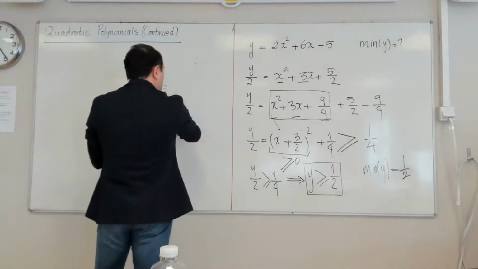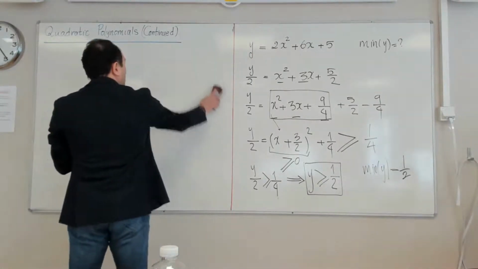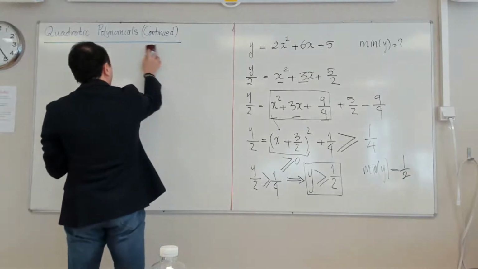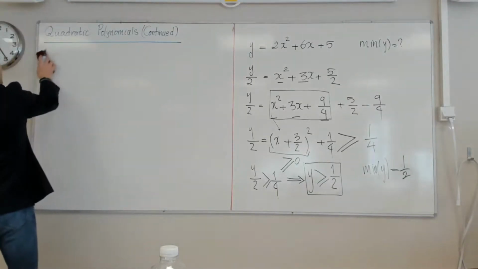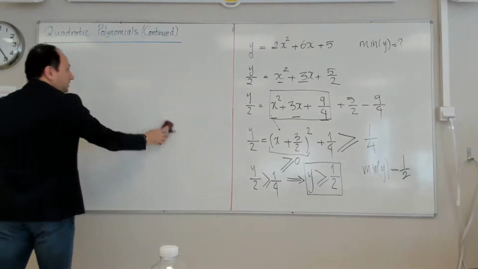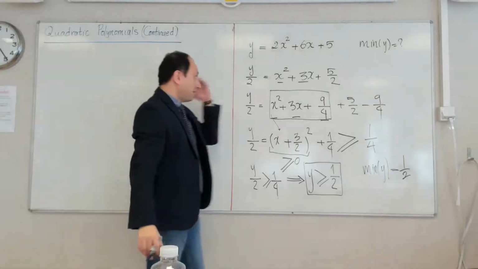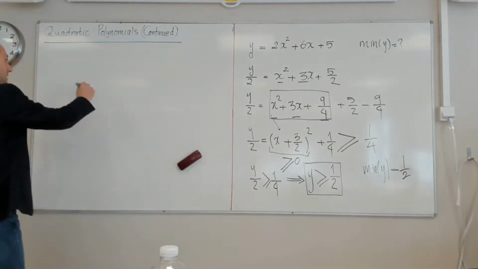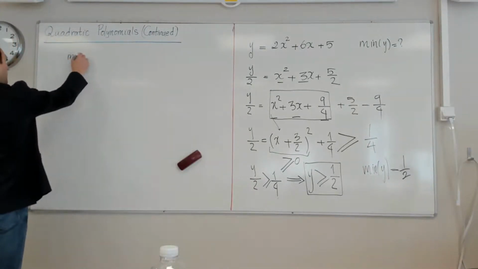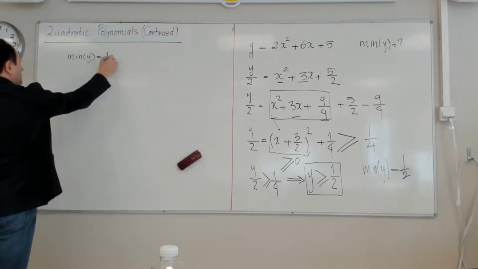So I want you to appreciate that what we have done, even though we are living in a world where computers are accessible everywhere, mathematically, you have done a great job here. Okay, so here I would say that the minimum of y is equal to 1/2.